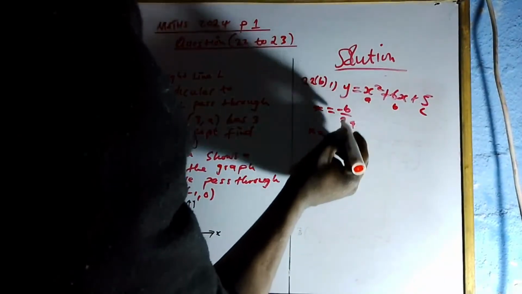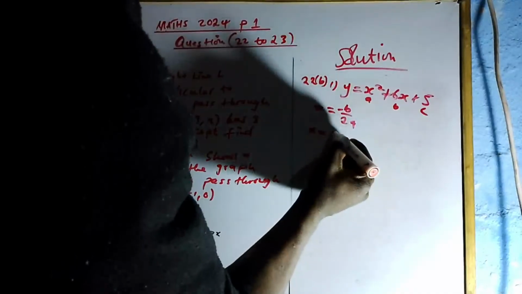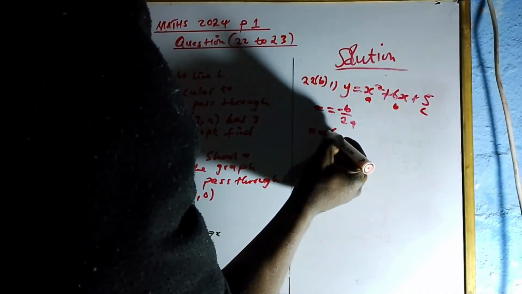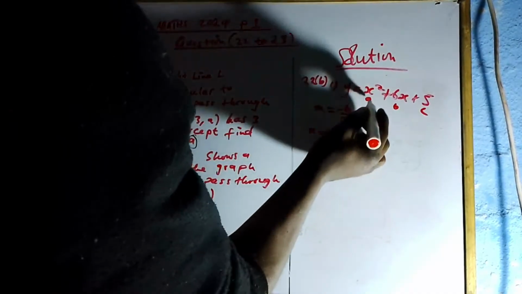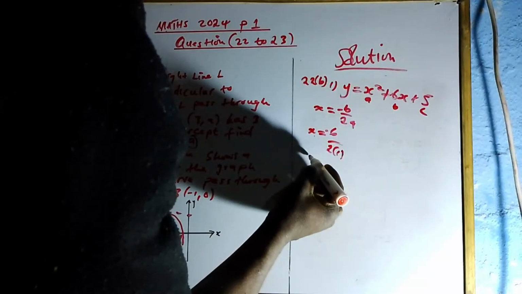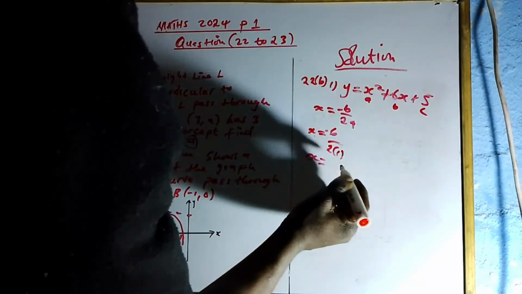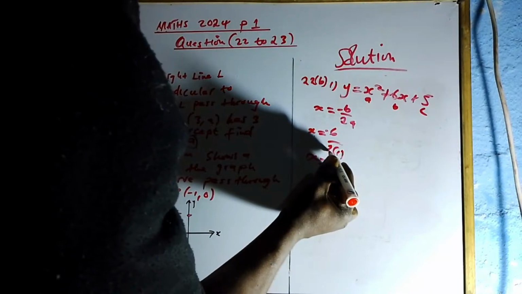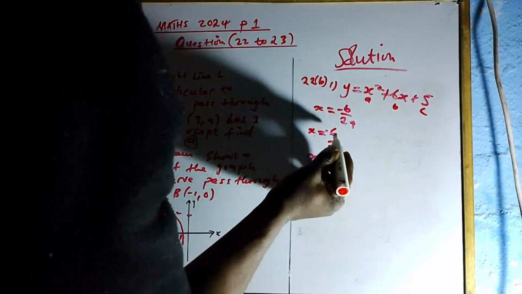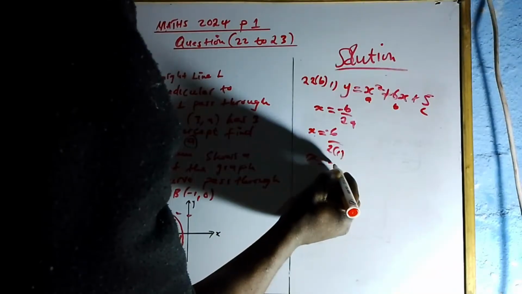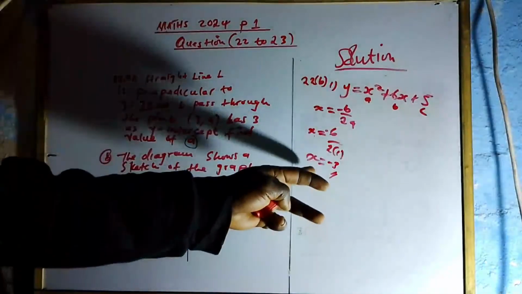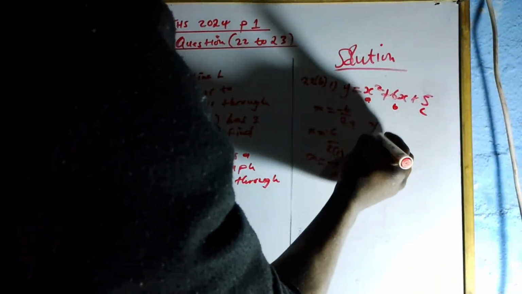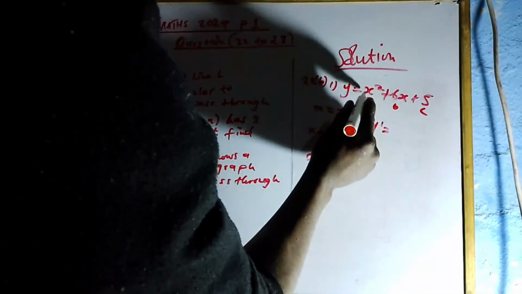X equals, where b is 6, we have minus 6, then over 2, where a is 1 here. So x will be equal to minus 6 over 2 times 1, which is 2, you're going to have minus 3. So this is the turning point for x. If you want, you can just do like y prime, you differentiate this equation, which is x squared.